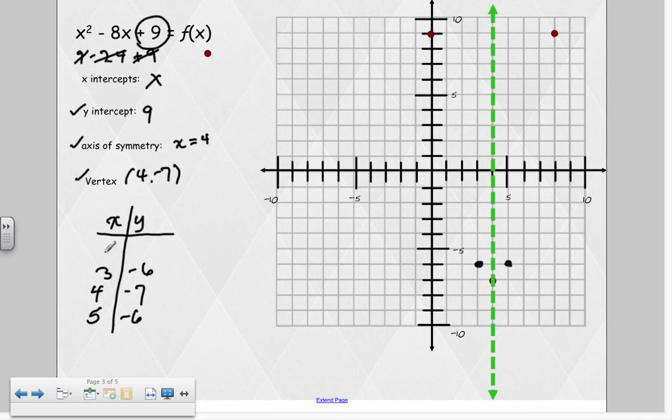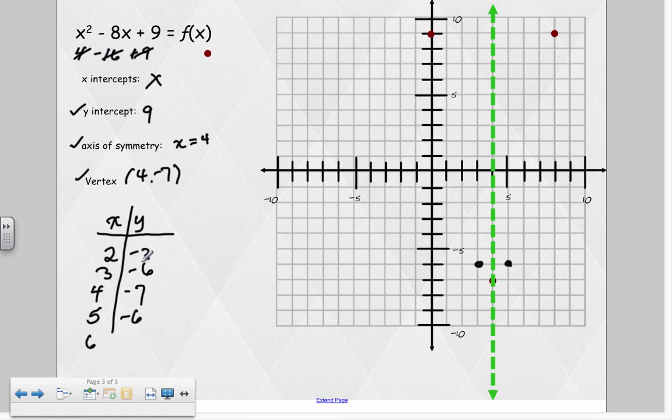And if we wanted to keep going, we could go to 2 and 6. If I put 2 in here, I get 4 minus 16 plus 9. Let's see, 4 plus 9 is 13. 13 minus 16 is negative 3.